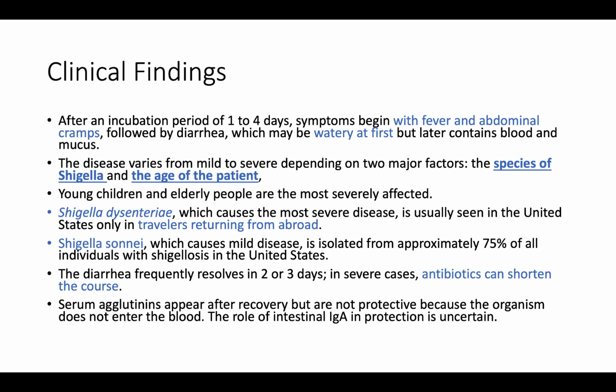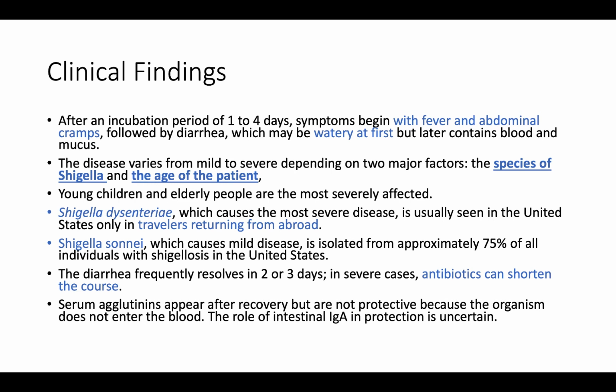Shigella dysenteriae, which causes the most severe disease, is usually seen in the US with people that are coming back from other countries. Whereas for us, people come for example from Egypt or Sudan, and we may see it in them. The other Shigella, we see here a lot, and this also causes mild disease, the same as in the states, where we see mild shigellosis.